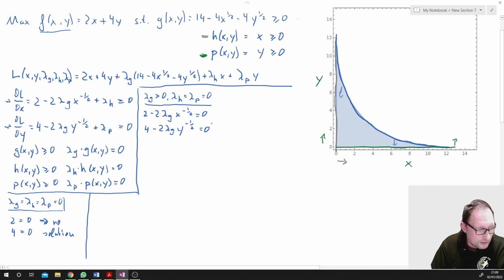So now we have 2 equations, but we have 3 unknowns. We have x, y, and lambda g, so we need a third equation. Where does that third equation come from? It comes from here.